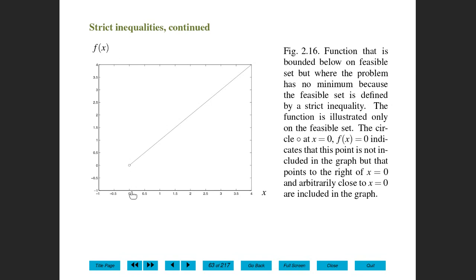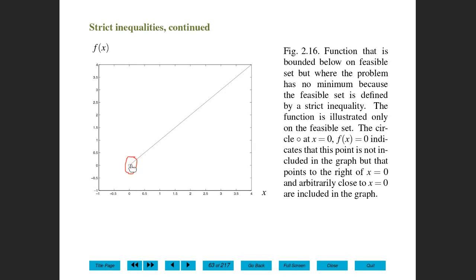And as we approach 0, now here you can also zoom in, right? Just to see this point, it's not filled, it's an empty circle. Empty circle means that this point is not included. If you look at this point, f of x where x is equal to 0, this point is not included.